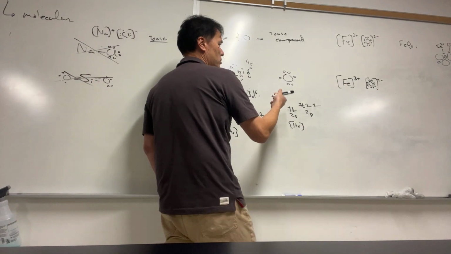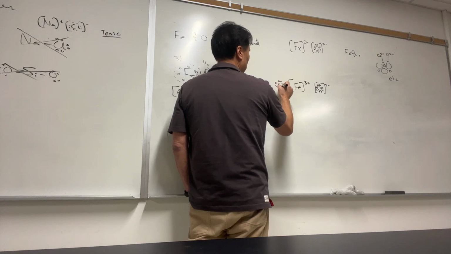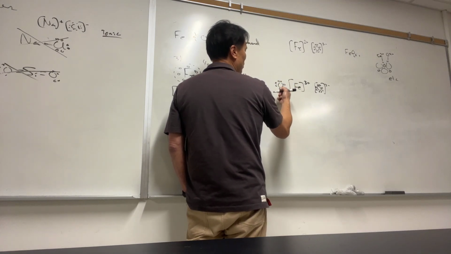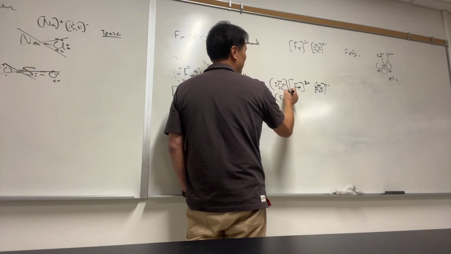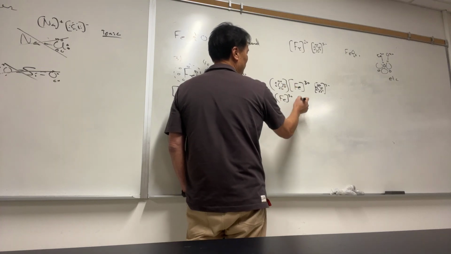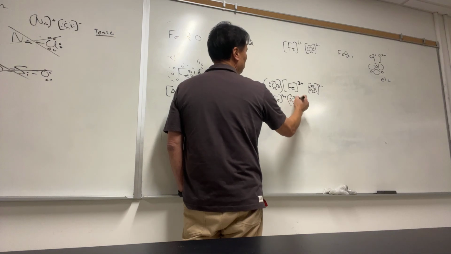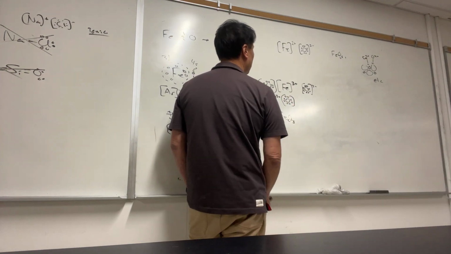Oxide only wants 2, so we'll need another oxide here to take an additional electron. But this one wants one more electron, so we'll need another iron. We'll just throw an iron down here. But this iron wants to give up 3, so this one gives 1 here, but we'll need another oxide to take the other 2. And so we form Fe2O3, iron 3 oxide here.